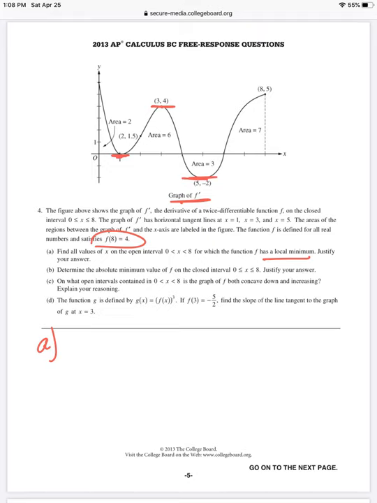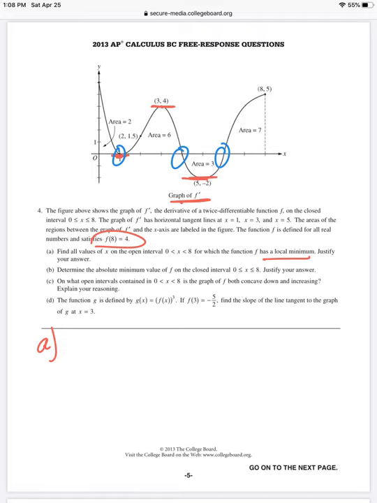That's the critical point. We already have the derivative. Where is it equal to 0? It equals 0 at 1, 2, 3, 4, 5, 6. So those are all critical points, all possible maxes and minimums.